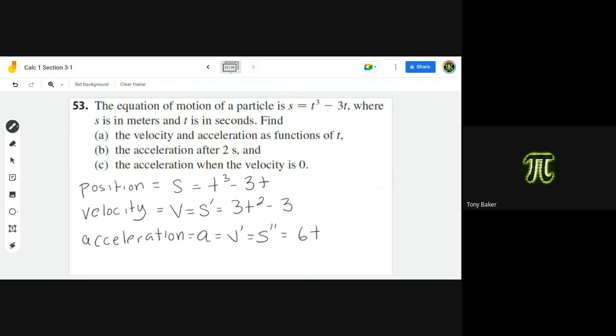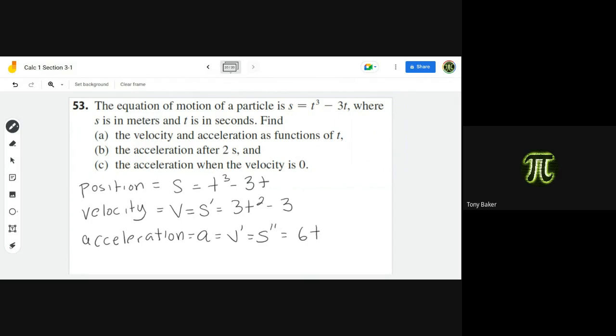And that's just the third derivative. So what's the acceleration after 2 seconds? 12 meters per second.